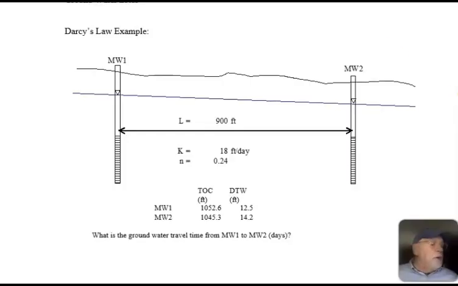All right, so I have the monitoring well 1 and monitoring well 2, and I have information on the well. I have information, by the way, it's 900 feet in between. Hydraulic conductivity has already been measured or estimated at 18 feet per day, and the porosity is 0.24.